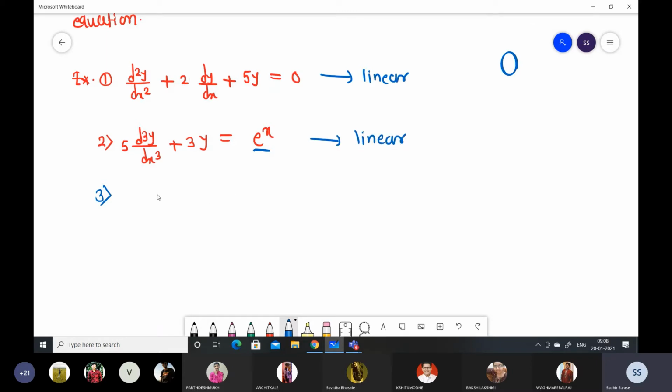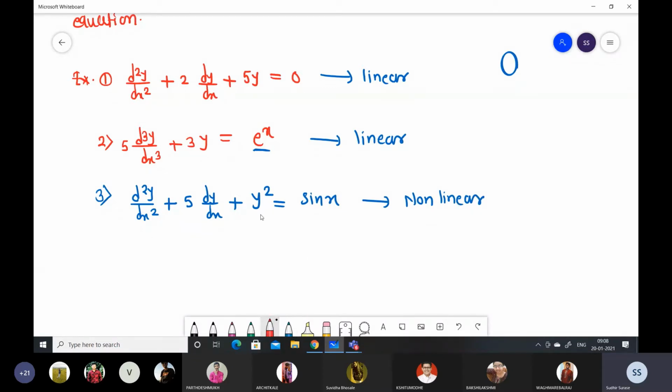Now let me give you example of non-linear differential equation. So d2y by dx square plus 5 times dy by dx plus y square is equal to sine x. This is non-linear because we can see dependent variable is y, but its power is more than 1. This is not allowed, right?